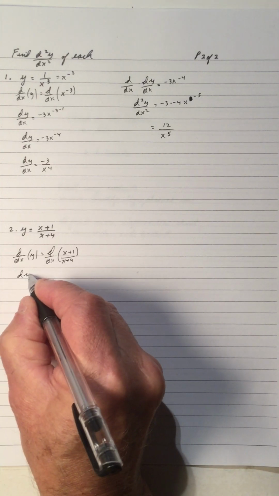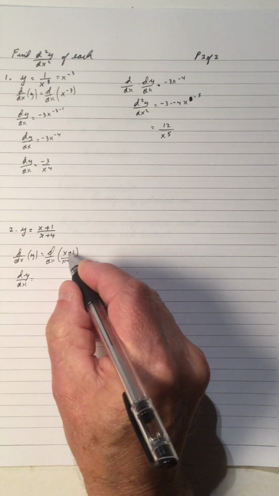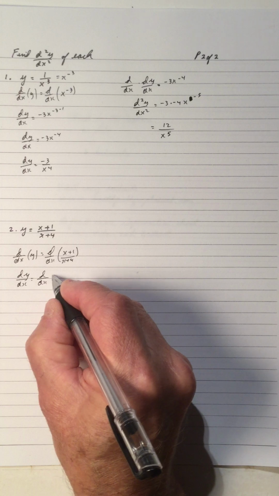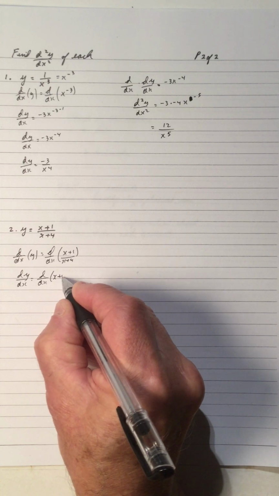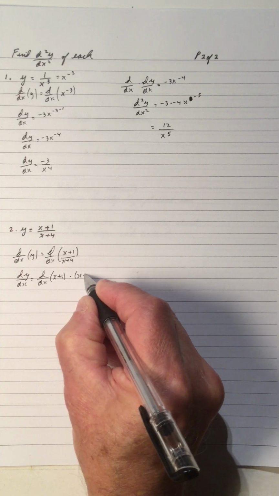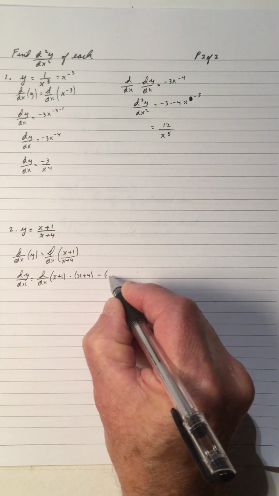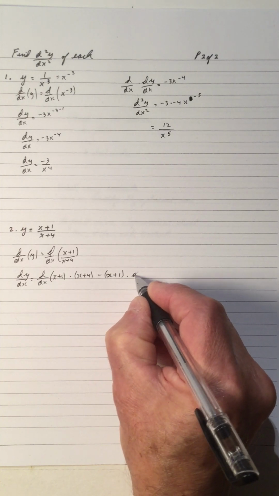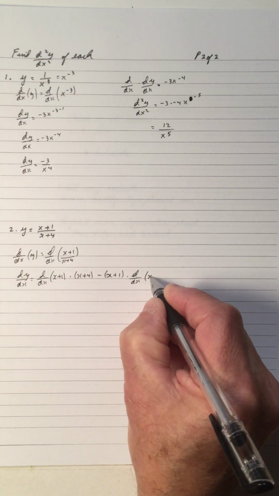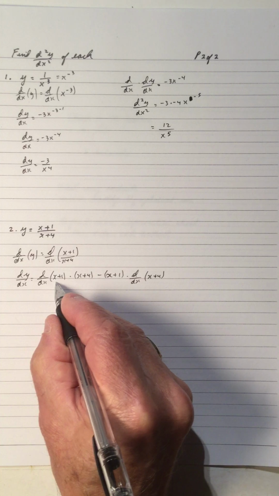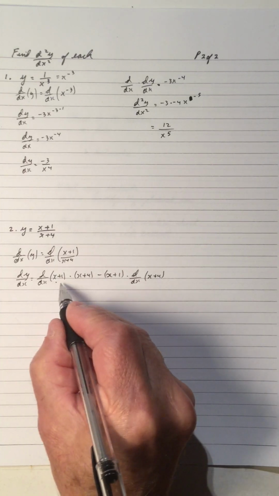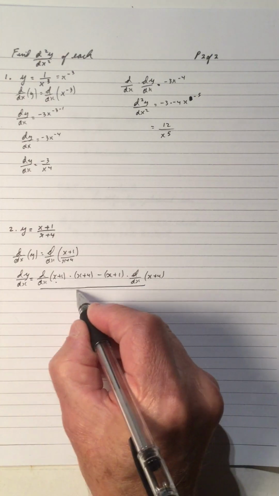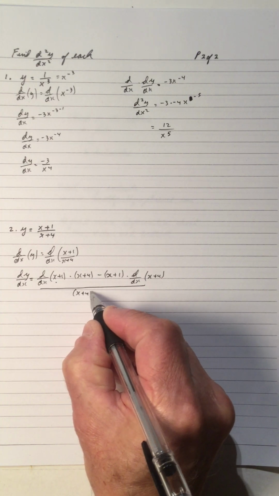And so dy dx, this is the quotient rule, that's f and g, so d dx of f of x times g minus f times the derivative of g, d dx of the g, all over g squared.